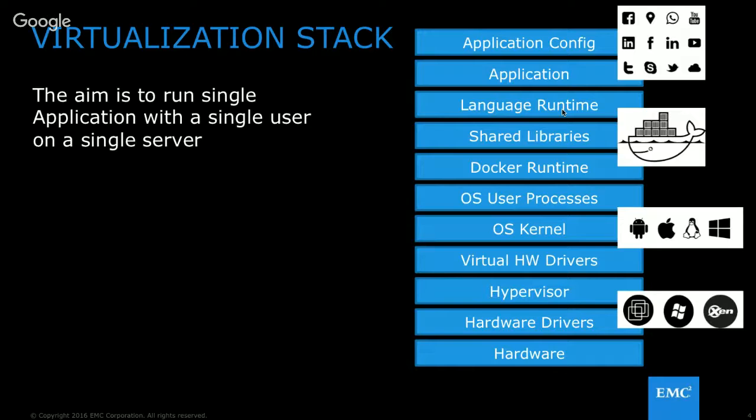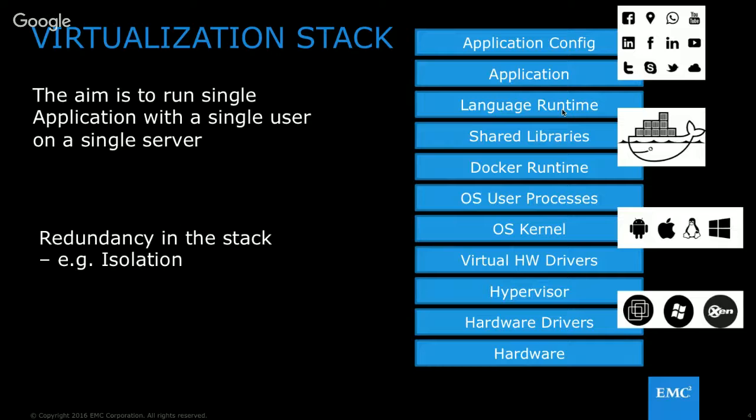And when we look at all of this, we try to remember what is the motivation for this stuff? What are we really trying to do? What we understood is that our aim is to run a single application with a single user on a single server. And if you're looking at the stack, there's quite a lot of redundancy, right?